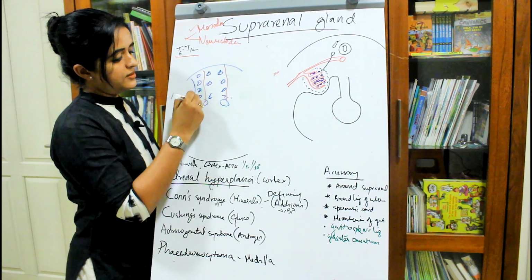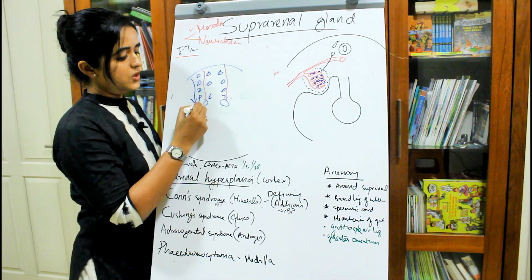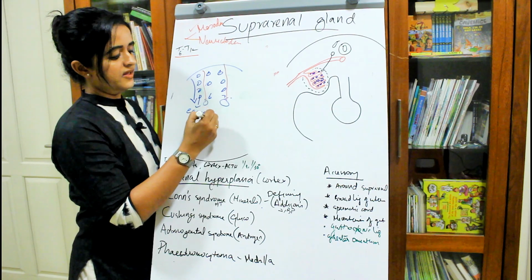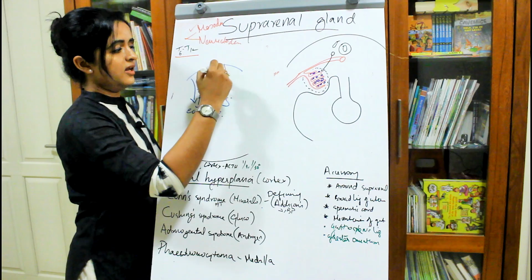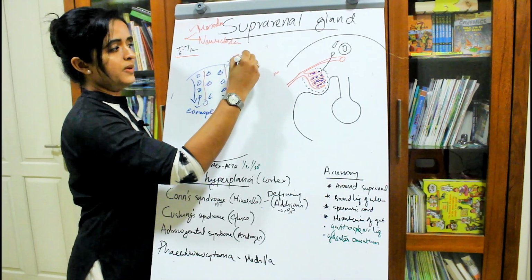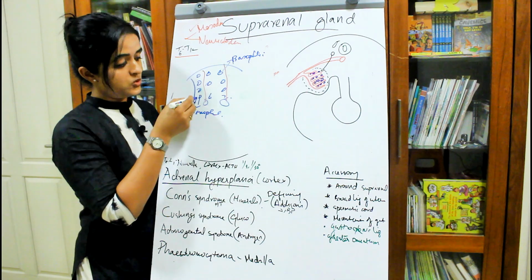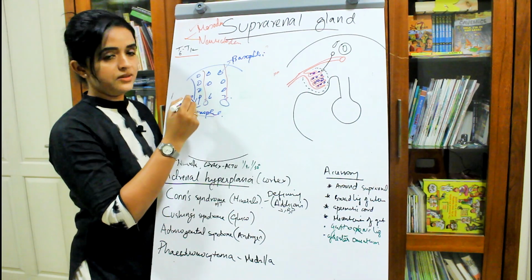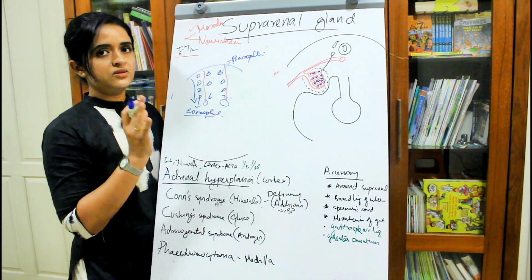As these cells reach towards the venous sinuses, they will become eosinophilic. And the cells which are persisting at the periphery will be basophilic. So towards the venous sinuses we have eosinophilic cytoplasm filling the cells, whereas towards the periphery you have basophilic cytoplasm.